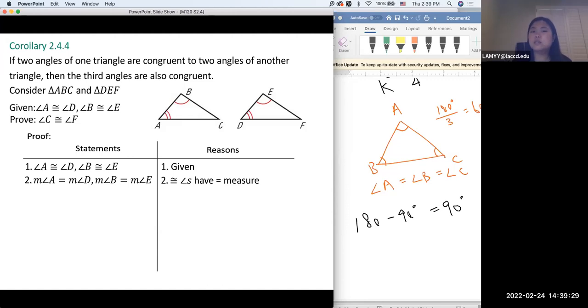I'll give you guys a hint. Think about the sum of the interior angles of a triangle equal to 180. So you do have two triangles. Here, angle A plus angle B plus angle C equal to 180, right? Same idea with this one: D plus E plus F is also equal to 180. Okay, try.